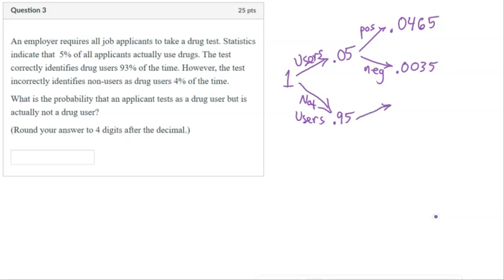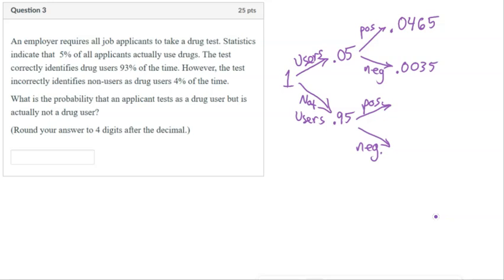Okay. So the not users, some of them are going to test positive and some of them are going to test negative. It says, however, the test incorrectly identifies non-users as drug users 4% of the time. So 4% of these 0.95 are going to accidentally test positive. That makes them false positives.